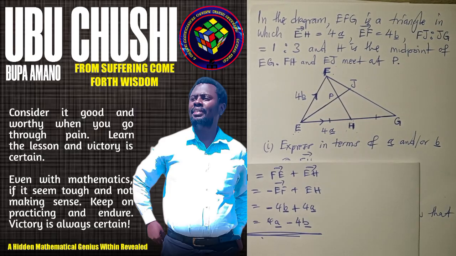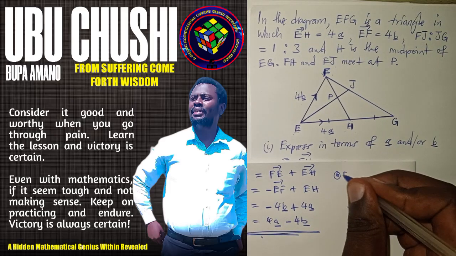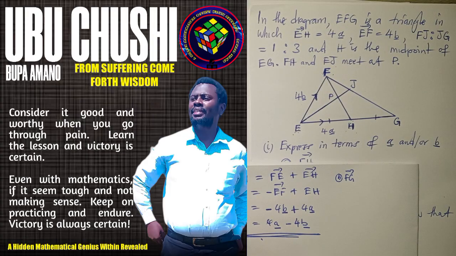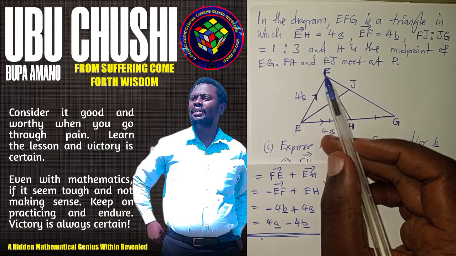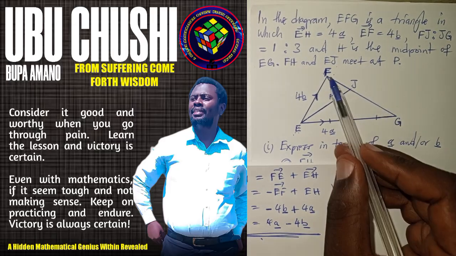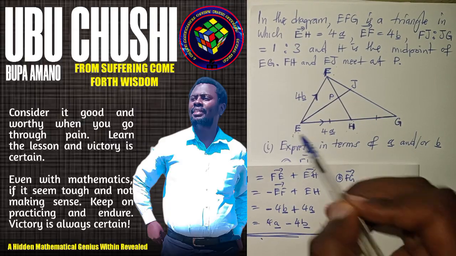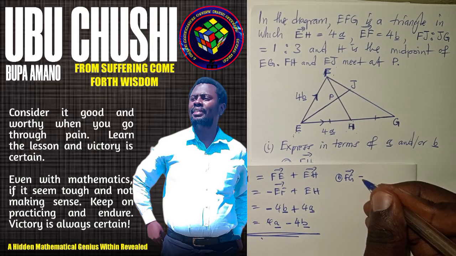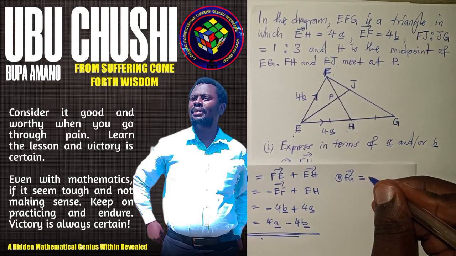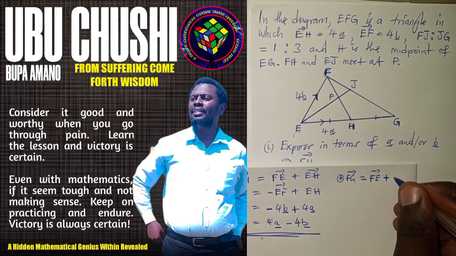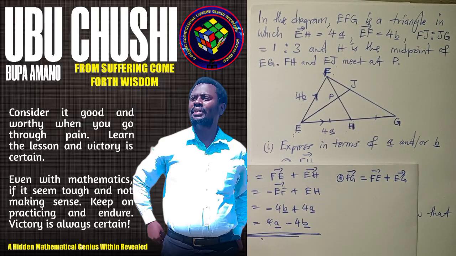We go to the second question, FG. From F to G, which route can we take? We can have FH plus HG, or we can have FE plus EG. So FG is equal to FE plus EG.